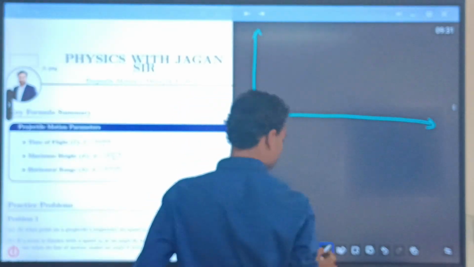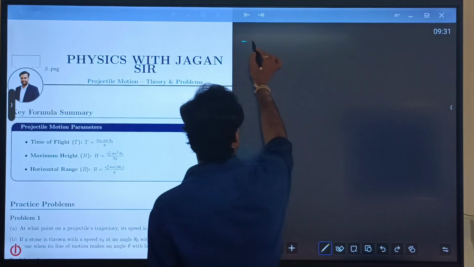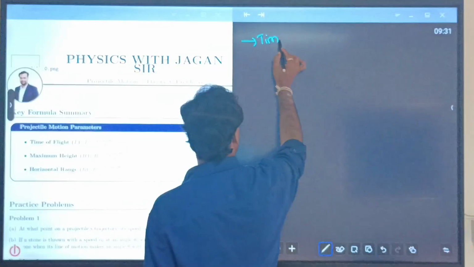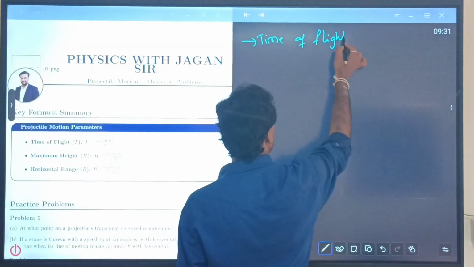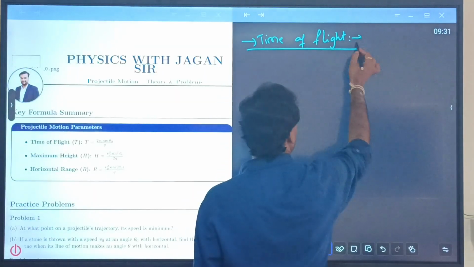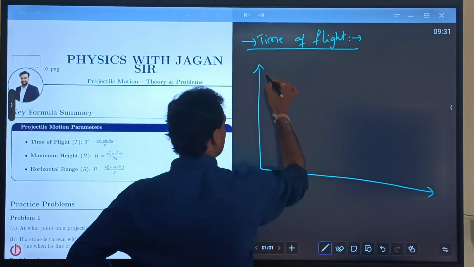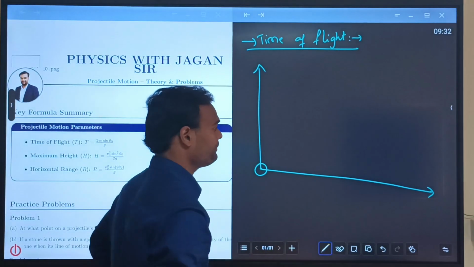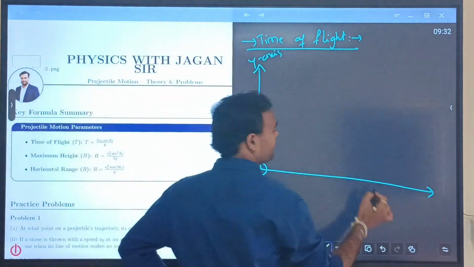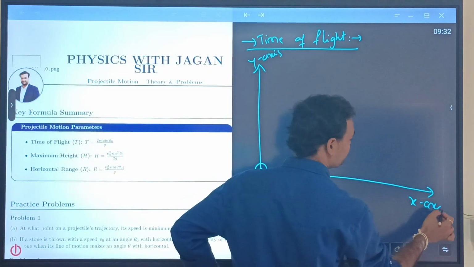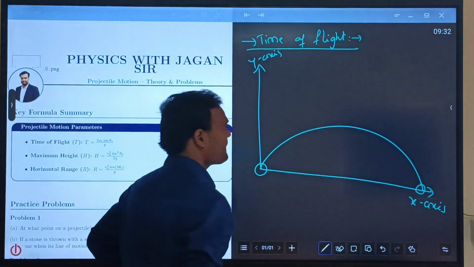Suppose an object starts its journey, this is the y-axis, this is the x-axis, right? Now the object is falling like this.